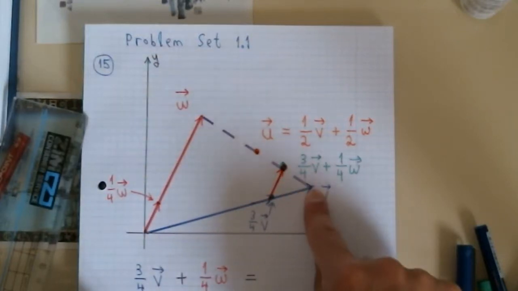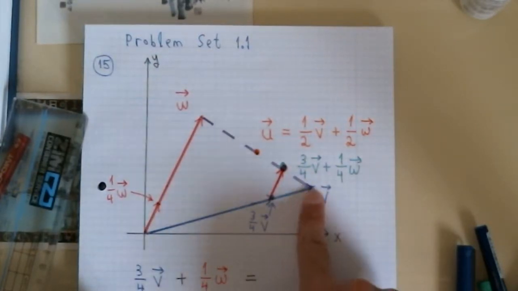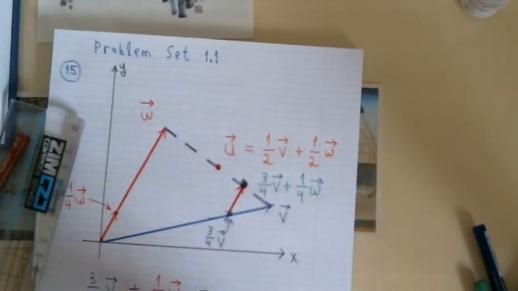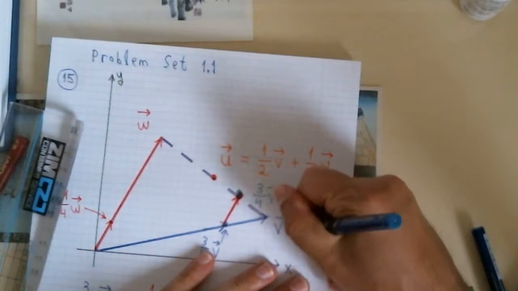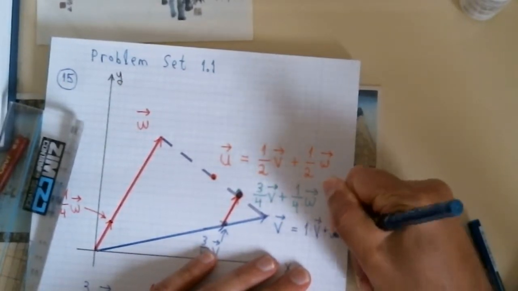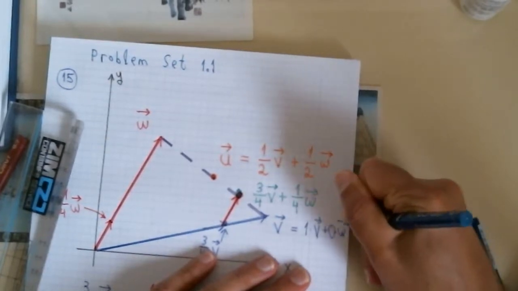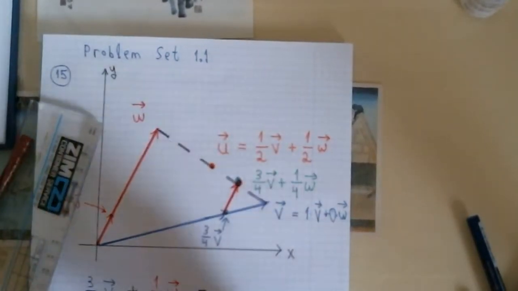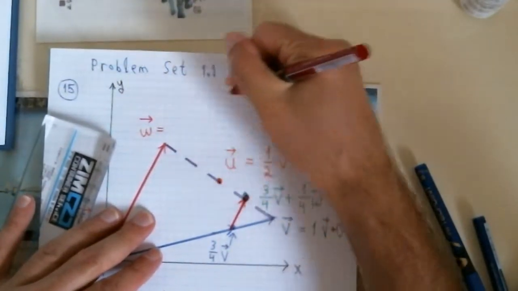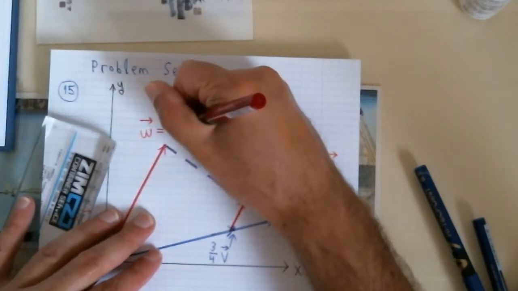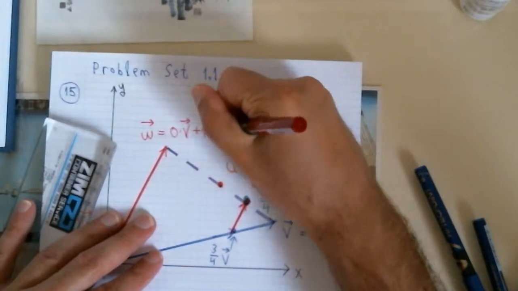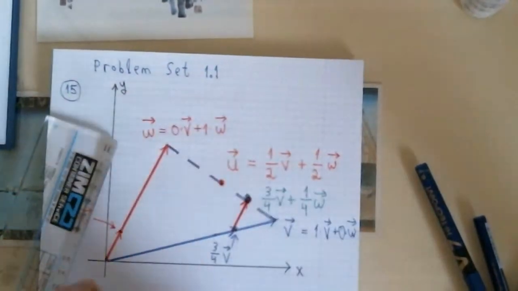If we go to here, it's only V. V is like 1 times V plus 0 times W, right? Because W doesn't take part at all. In W, this one is 0 times V plus 1 times W.